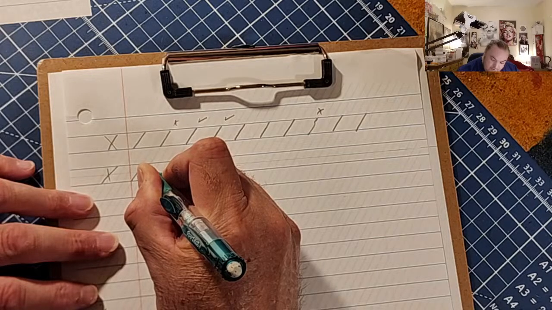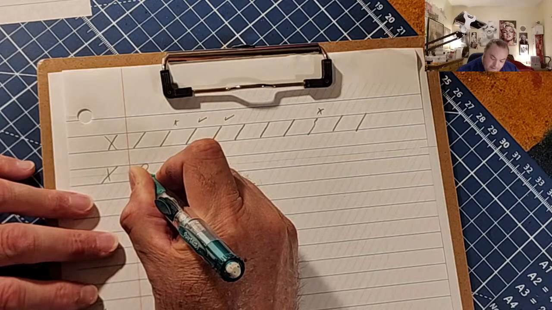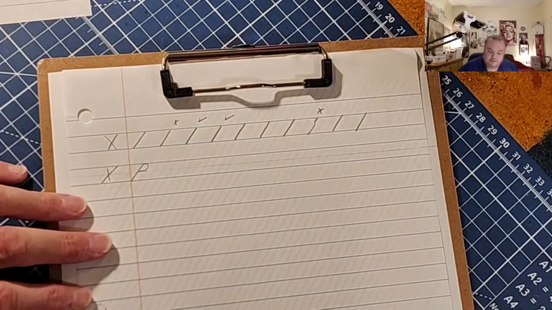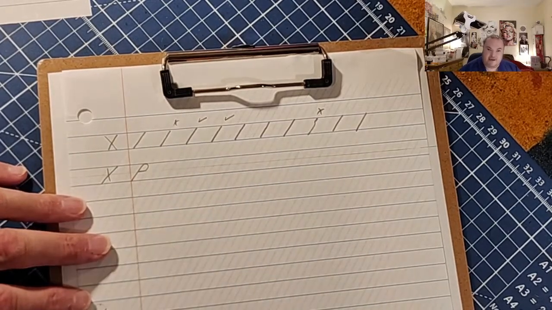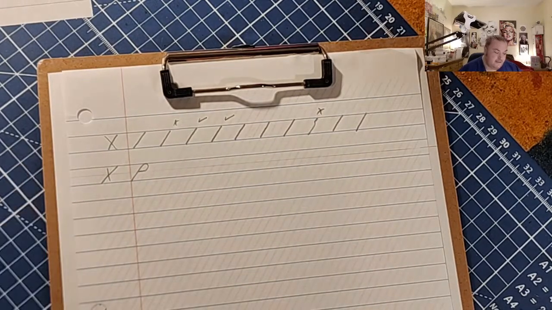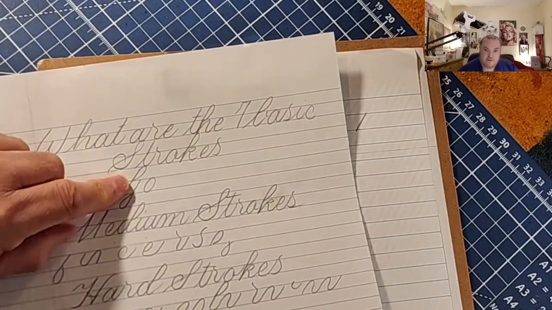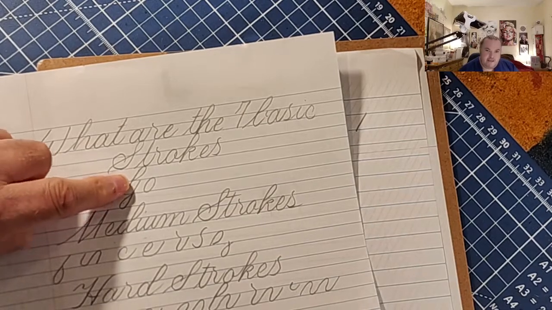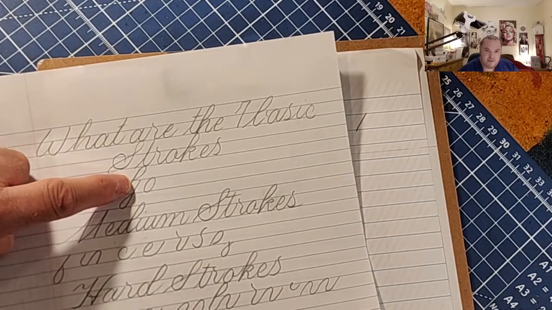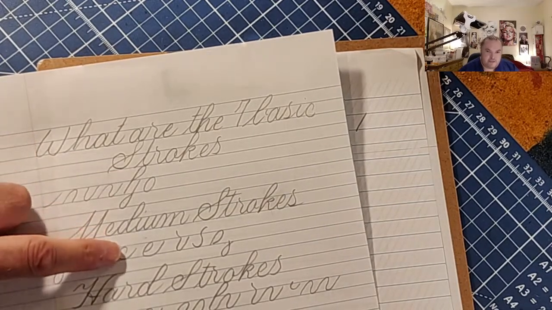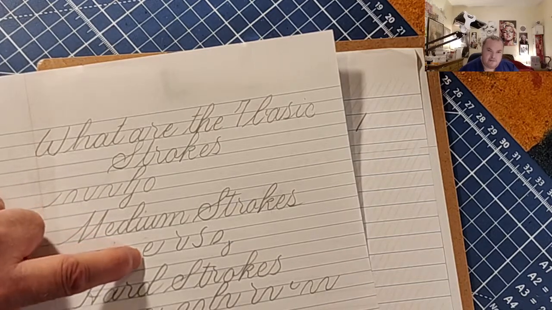We're going to come down to that first quarter height, and we're going to come in to that line. And it kind of looks like an ascending stem loop. So it's kind of related to the ascending stem loop, but it's more closely related to the E stroke.